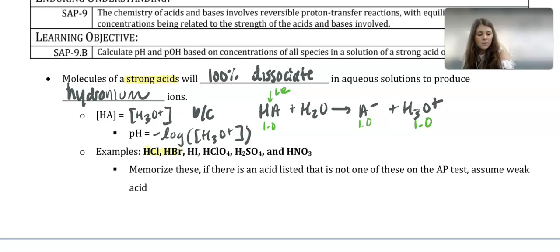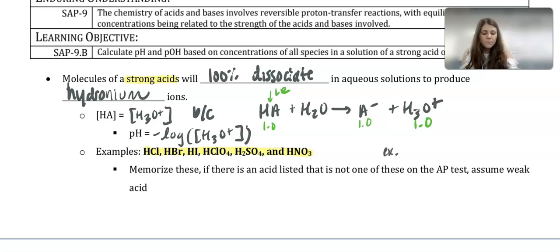We learned there are 6 strong acids, 3 of which are in group 17. Then we have perchloric acid, HClO4, sulfuric acid, H2SO4, and nitric acid, HNO3. You do need to memorize these. And if you come across an acid that is not one of the 6, it is automatically a weak acid.